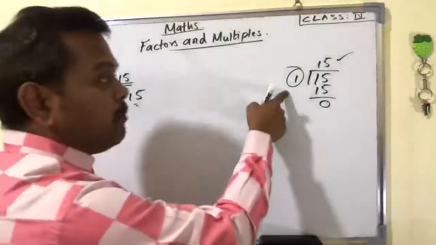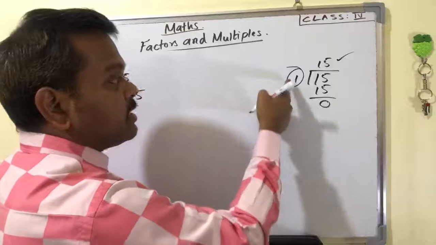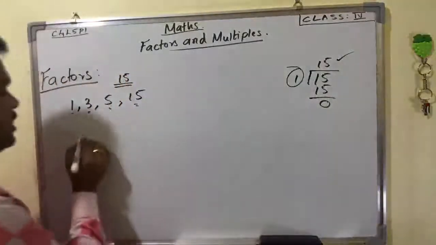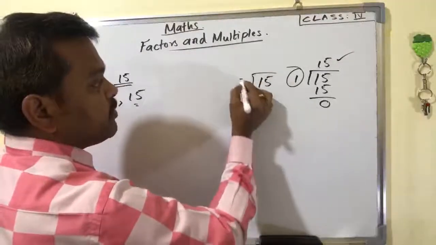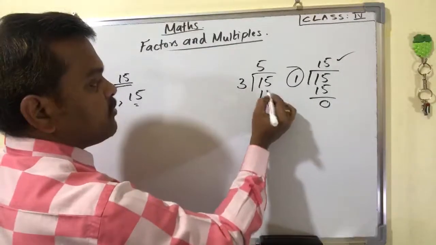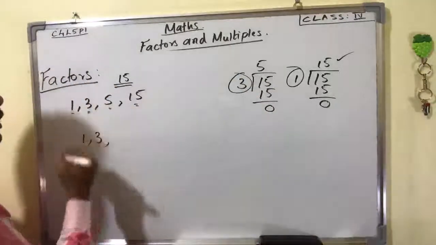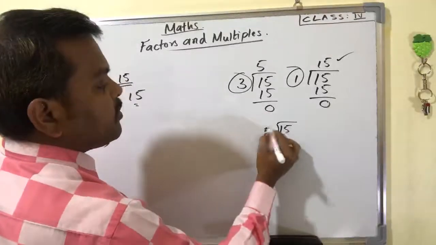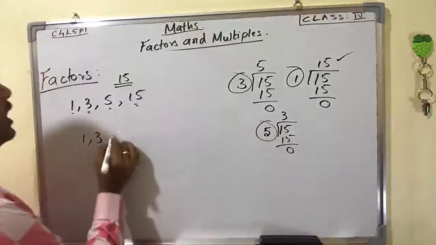So if a number divides the number without leaving any remainder, that number is a factor of this number. Now check 3. 15 by 3: 5 3s are 15, balance 0. So 3 is also a factor of 15. Check the next number. 15 by 5: 3 5s are 15, balance 0. 5 is also a factor of 15.